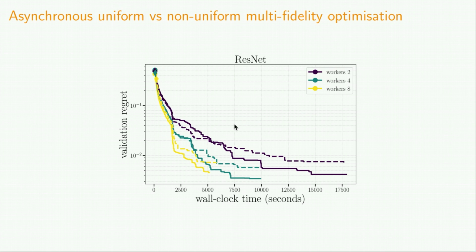We see what we would expect: when you increase the number of workers, you reduce the wall clock time for finding the same performance, and there's a consistent edge for non-uniform, model-based multi-fidelity optimization compared to Hyperband. This is an example where we are tuning the architecture of a ResNet.